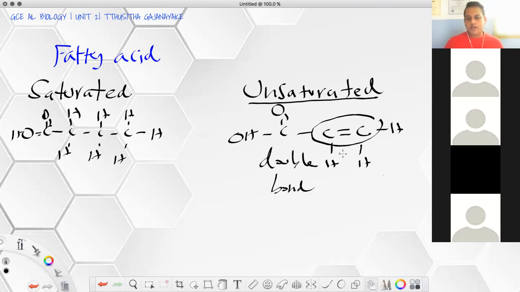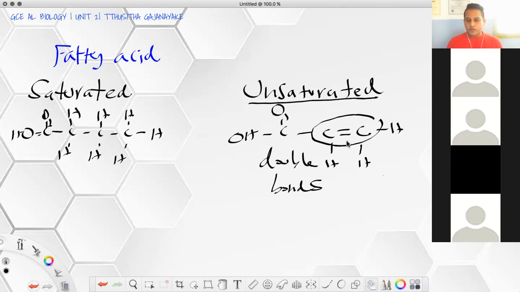As a result, the hydrogen number is less. So it has a lower hydrogen number and it has a double bond. These double bonds may be 1, 2, or 3 double bonds, it depends on the fatty acid.